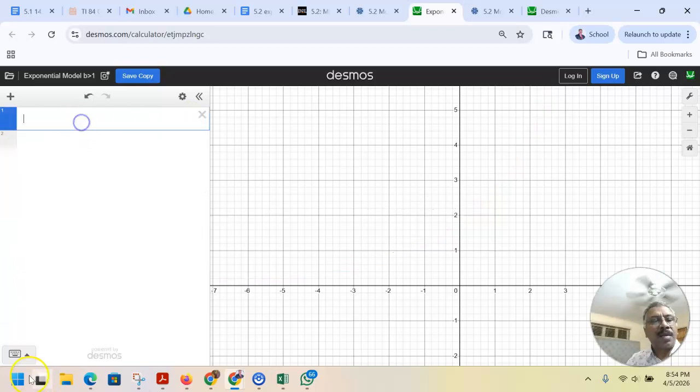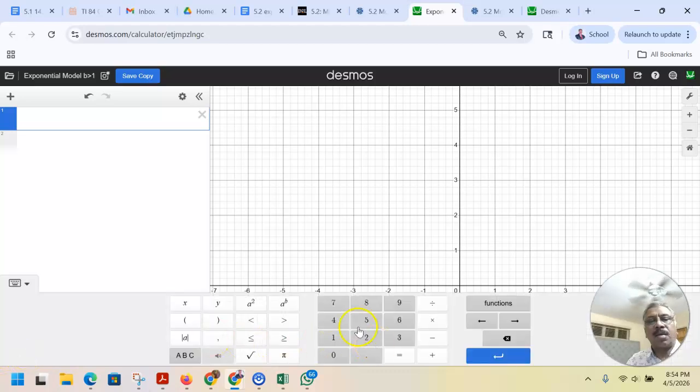And the same thing, see, there's a keyboard here, click on it and just type in 5 and open parenthesis. And you want to put 1 divided by 2 to get the base, close it with the parenthesis and go up. Not this one, I made a mistake. So let me go delete this.